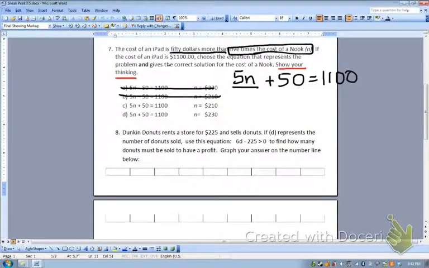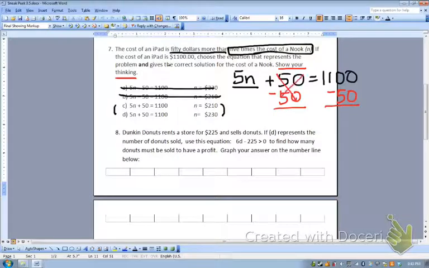Now, I have 2 equations. One of them has a correct answer, obviously, and the other one does not. So I have to solve it to figure it out. So I'm going to subtract 50 from each side.